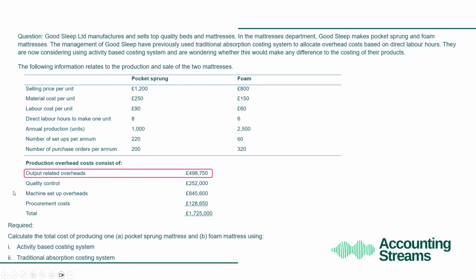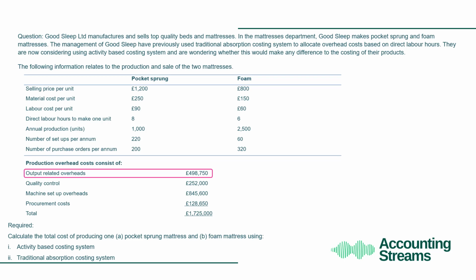Let's start with the output related overheads. How much of this amount, £498,750, should be allocated in making the total number of pocket sprung mattresses that the company wants to make in a year? And how much of this amount should be allocated in making foam mattresses? So to do this using activity-based costing system, we need to identify what the correct cost driver is.